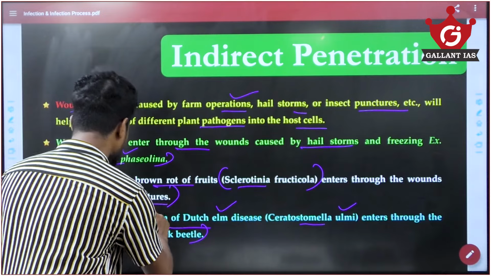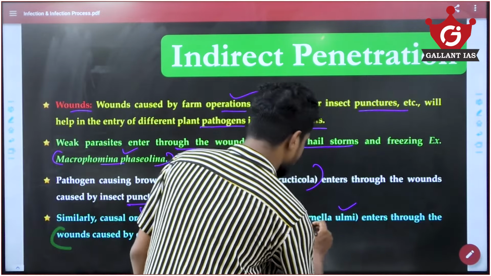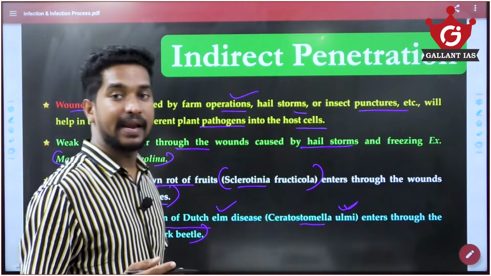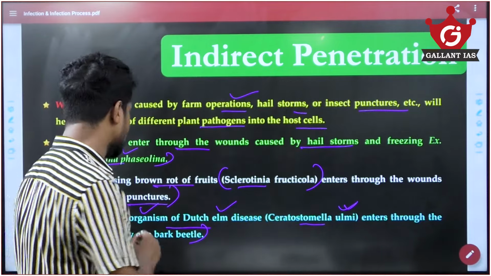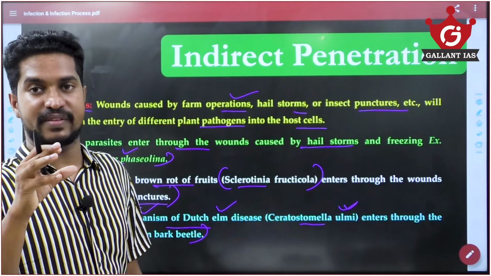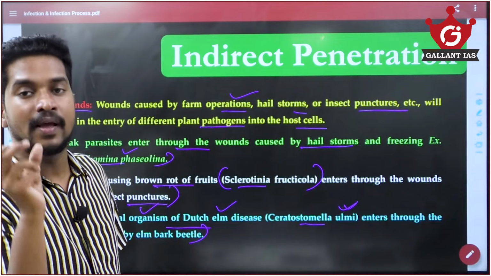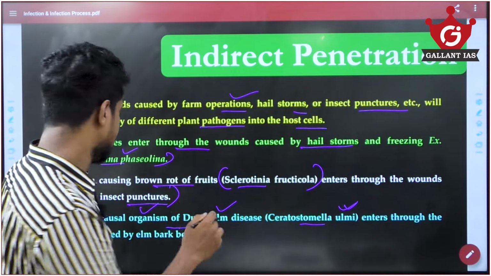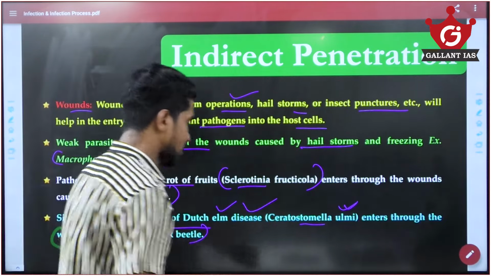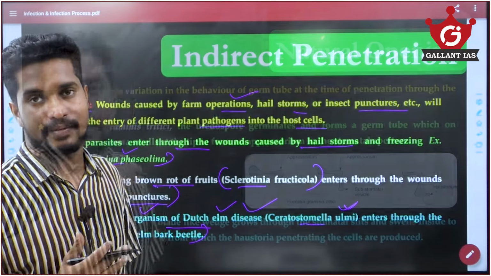Because of the action of this bark beetle, wounds happen on the plant and through those wounds Ceratostomella ulmi can infect the plant.